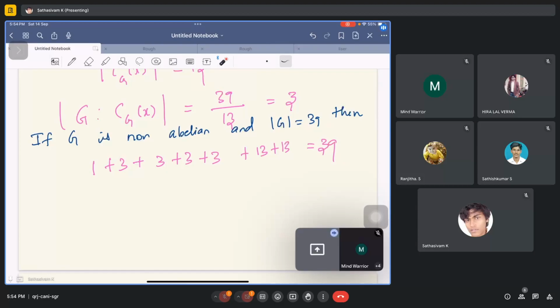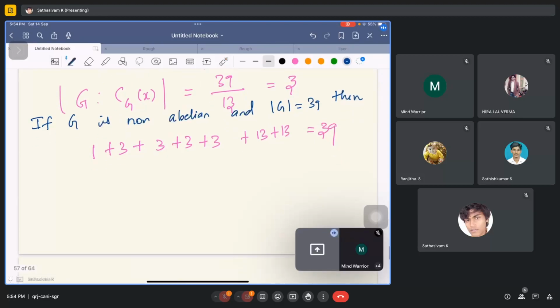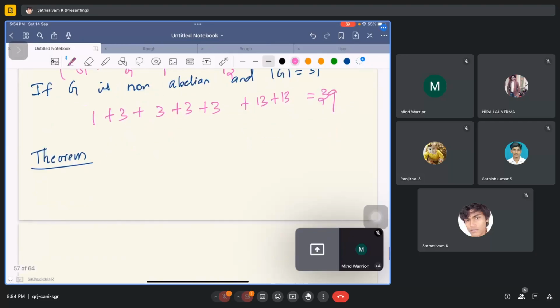So a non-abelian group of order 39 does not exist. That is what I am going to prove now. Let me call it a theorem.